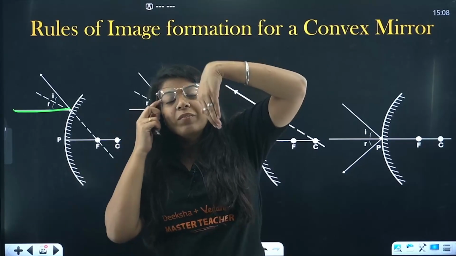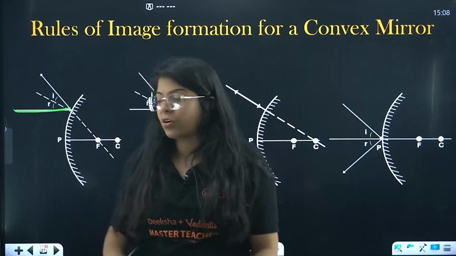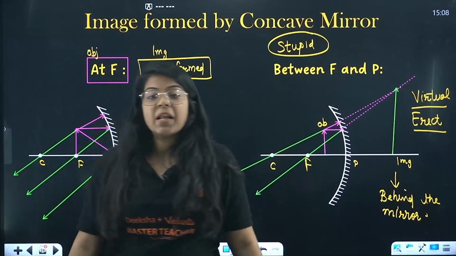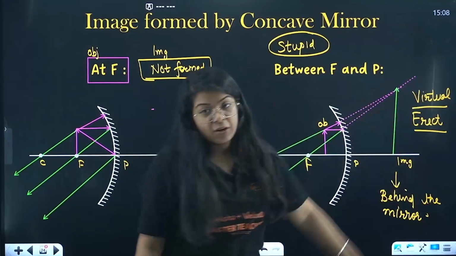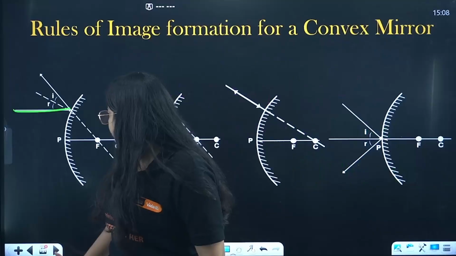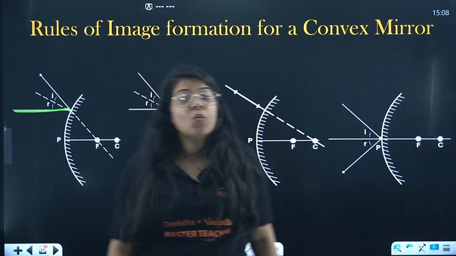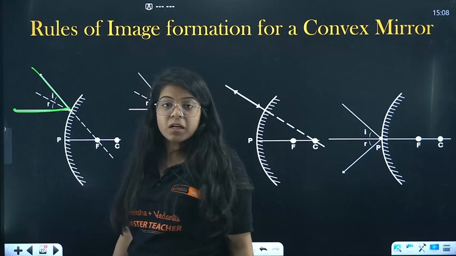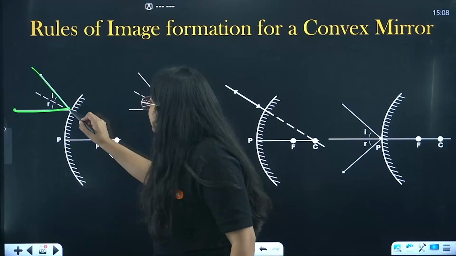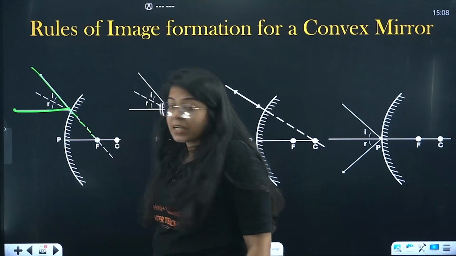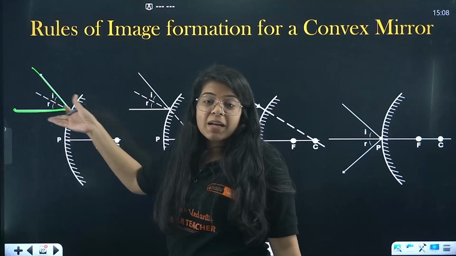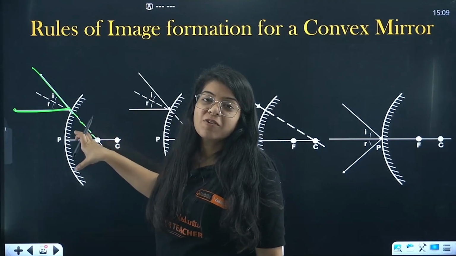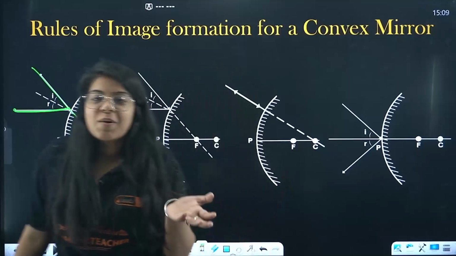Now what we do, the thing we did in the 6th case of concave mirror. In the 6th case of concave mirror, we extended them backwards, right? So these rays are actually coming and going away, right? They are not converging. So we extend them backwards, and we saw if the ray is coming parallel and it is going away, if we extend it backwards, it looks like it is passing from focus, the principal focus.